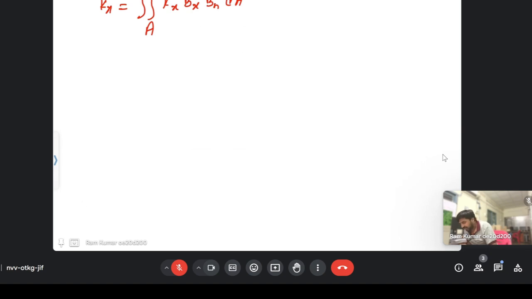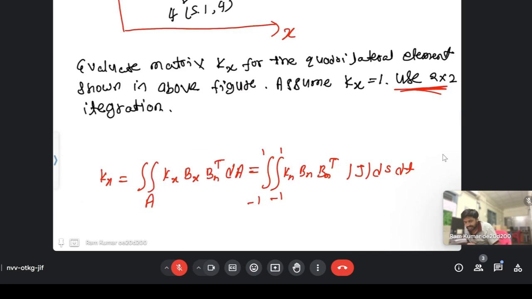This is in terms of the local coordinates, and we want to convert to the isoparametric element, so it will be minus 1 to 1, minus 1 to 1. Then it will be kx Bx transpose, determinant J, this will be our Jacobian matrix, then ds and dt. As I told you, we are going to use the 2 cross 2 integration method.